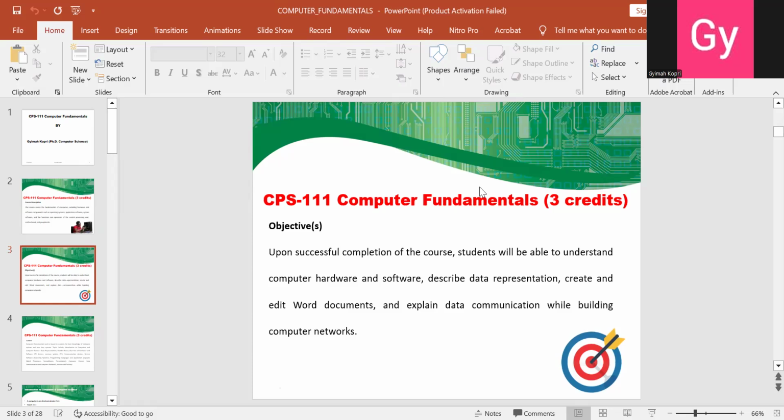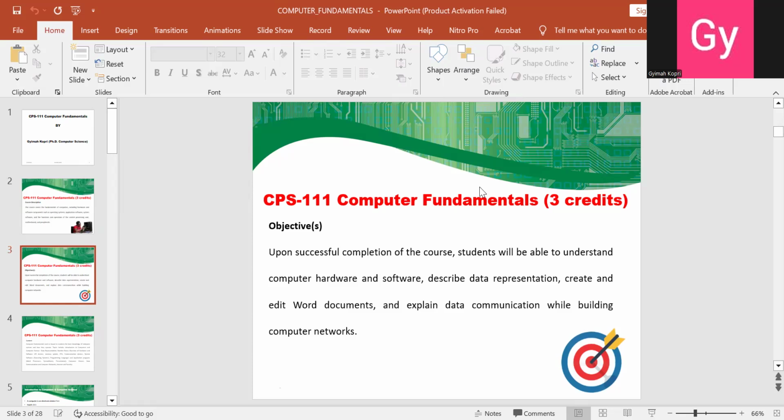When you are given a document to type or to edit, let me say you are asked to type a letter, you should be able to put it in a format that follows the Microsoft Word criteria. I know some of you are aware of it, but if you are not, you are here to learn, and I'm going to take you through that. Finally, you'll be doing data communication.